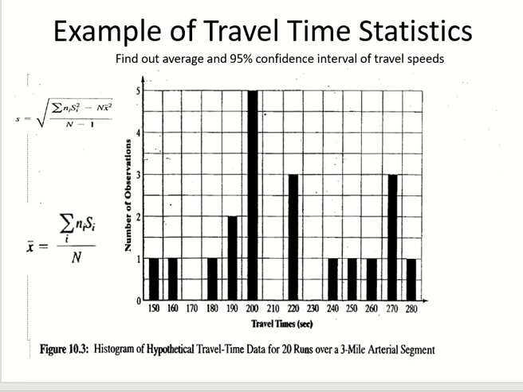For the mean, I need three things here: n, s, and capital N. What was n? The number of observations for each group or each value. Where is it in the graph? On the y-axis. The y-axis gives you the number of observations for each bar. Each bar is a value.